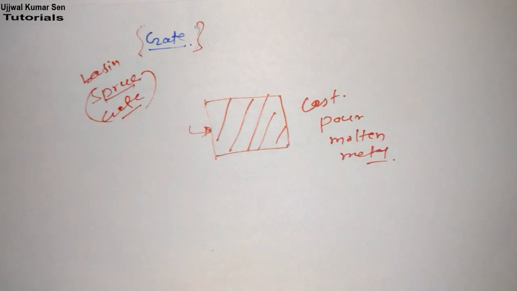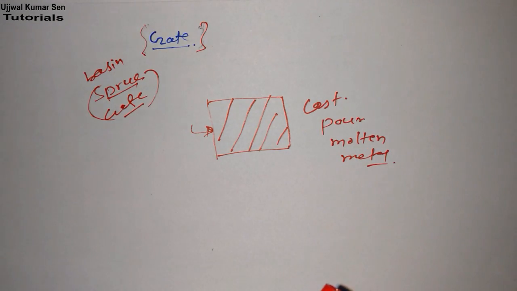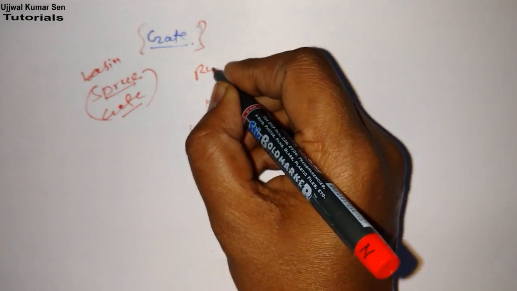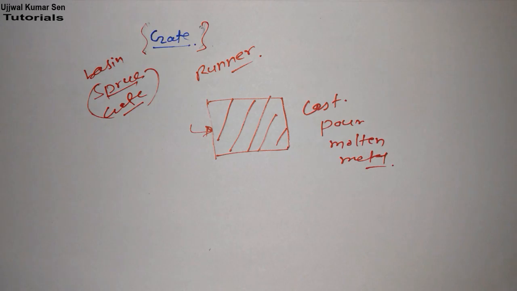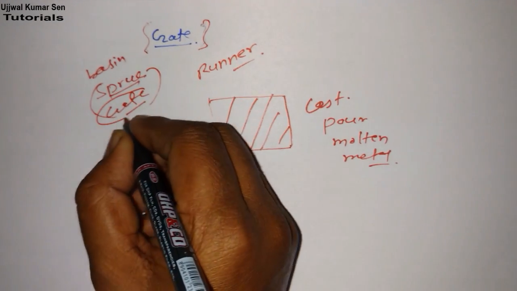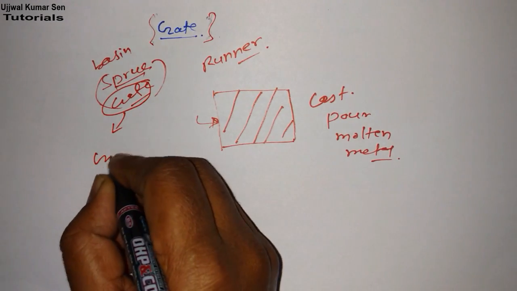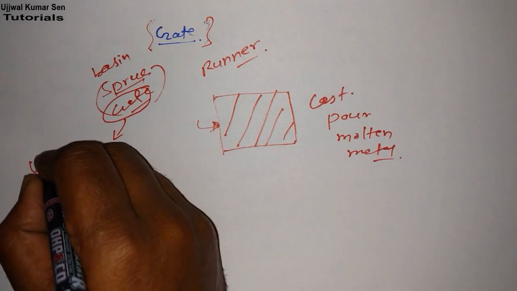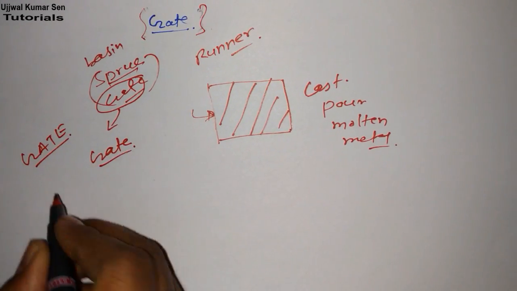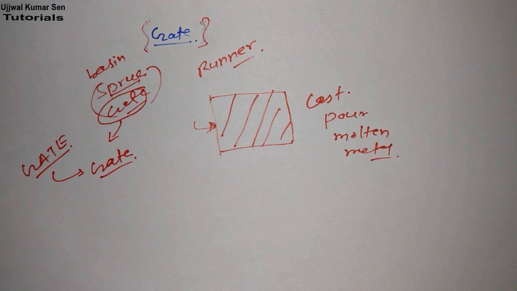We studied sprue and gate here, and of course we also have to design the runner. But from the GATE examination point of view, the most important is the design of the gate, along with its types and what types of gates there are. I will share that in this video, so stay tuned.